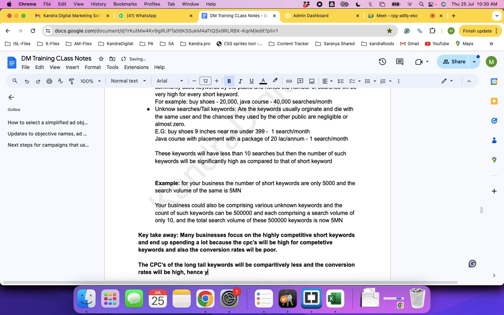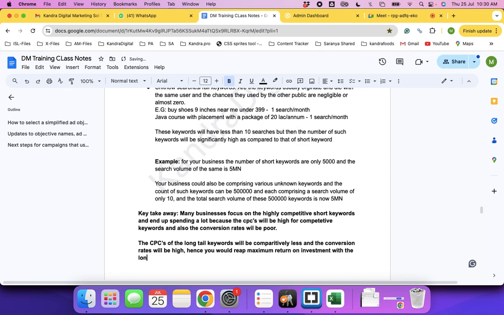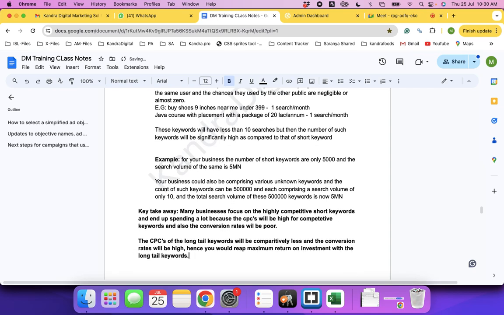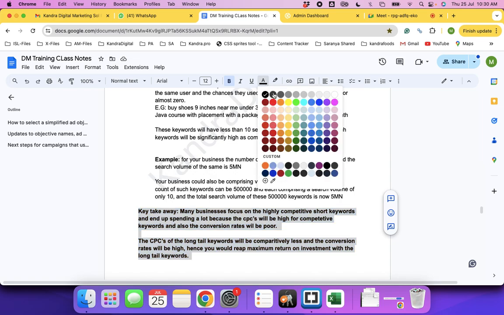Hence, you would reap maximum return on investment with the long tail keywords. You all got it? Did you all understand this, everybody? Do you need more clarity on this?